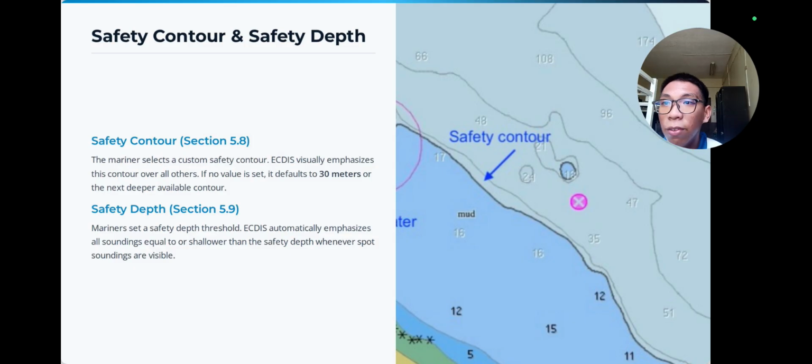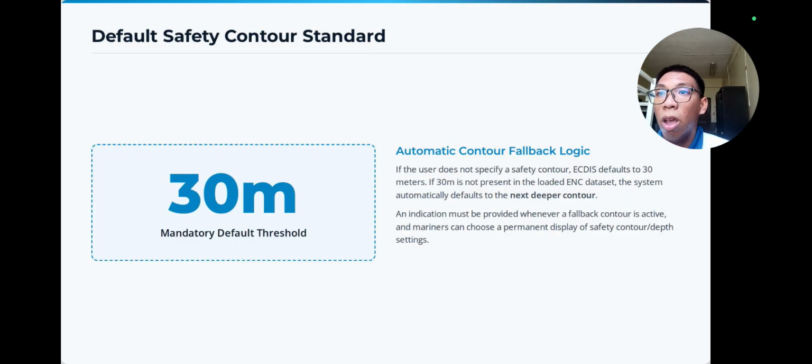For the safety depth, Section 5.9, the mariner sets a safety depth threshold. This automatically emphasizes all soundings equal to or shallower than the safety depth whenever spot soundings are visible. Automatic contour fallback logic.